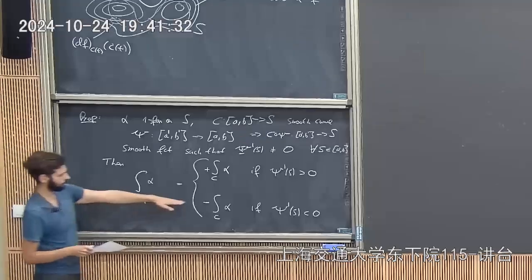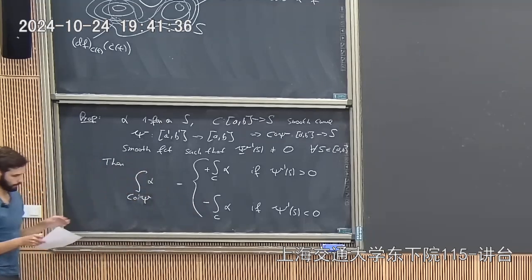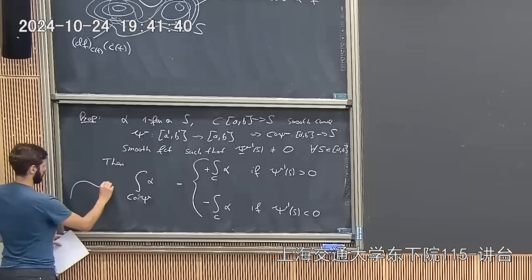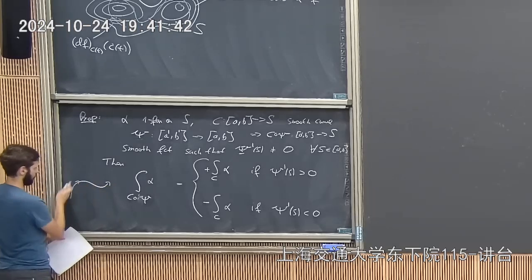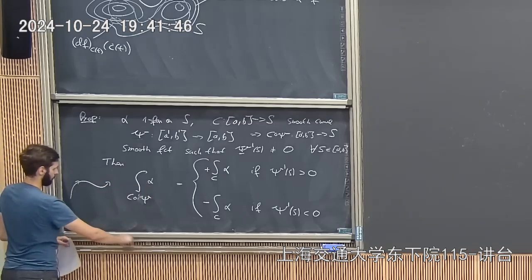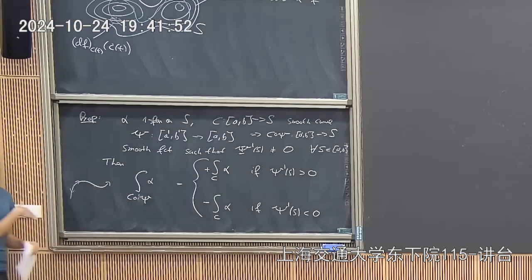So this minus sign says, for example, that if that's your original curve that goes along this direction and you integrate along a one form, then if you turn around and go in this direction, you get minus the result.